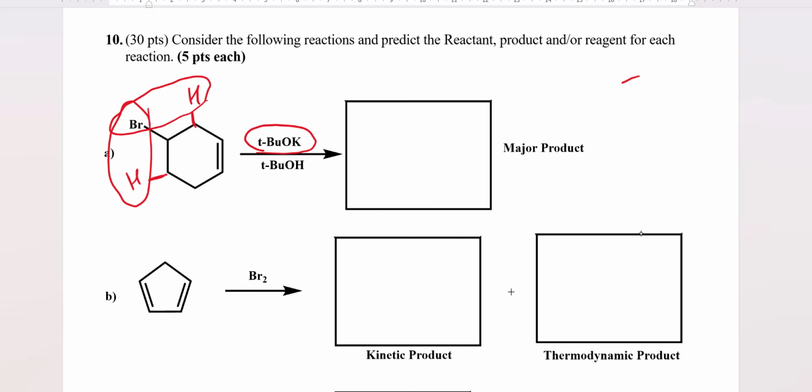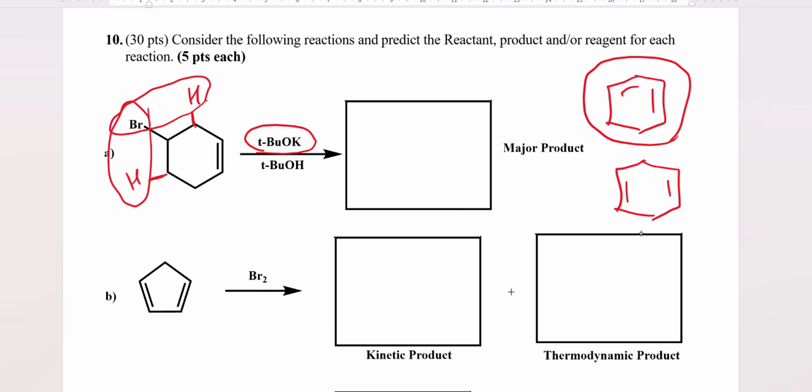So we have 2 possible products, this one and this one. And of course, when we have these 2 possibilities, the conjugated compound is a lot more stable and forms as the major product. Normally the unconjugated product doesn't form in this type of reaction. So the answer is cyclohexadiene.